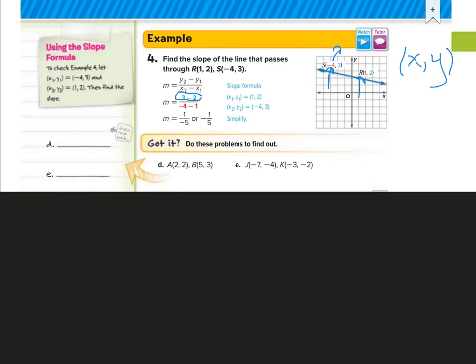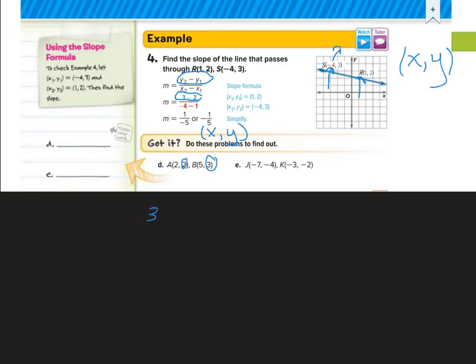Now let's try D and E. Okay, so for D, I have point A (2, 2) and B (5, 3). So I want to remember that x, y is the order for my coordinates. And I have to basically take my y's, so this 2 and this 3.